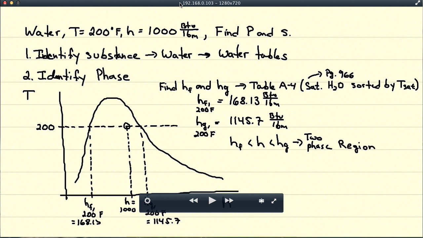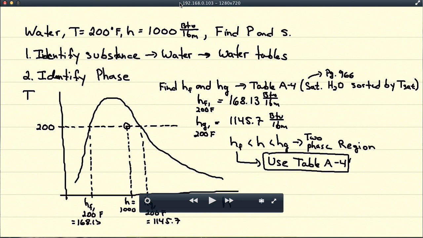Okay? So we determined our phase. Now that we've determined the phase, that necessarily means that we're also going to use table A4. And so we've done step 3. Okay? So hopefully I'm clarifying why it's so important to first determine the phase.